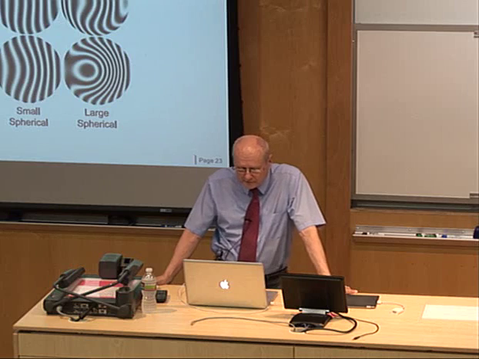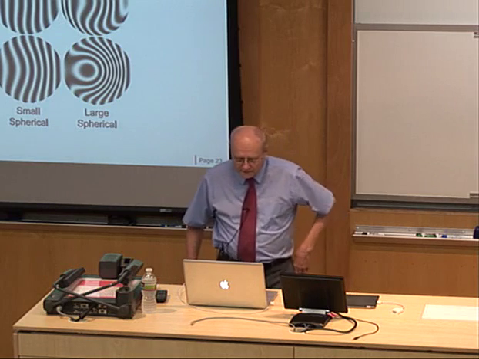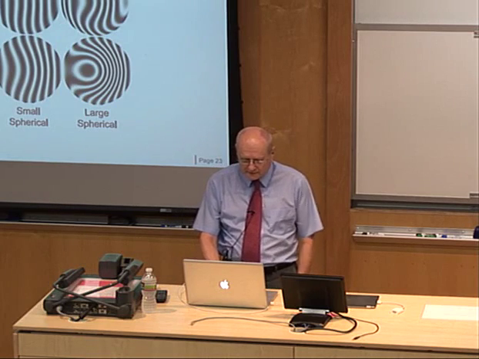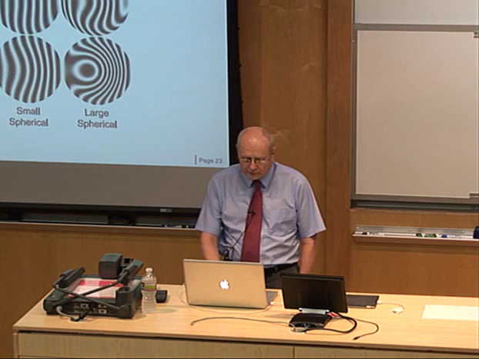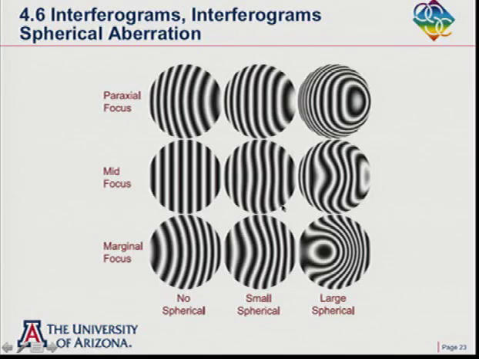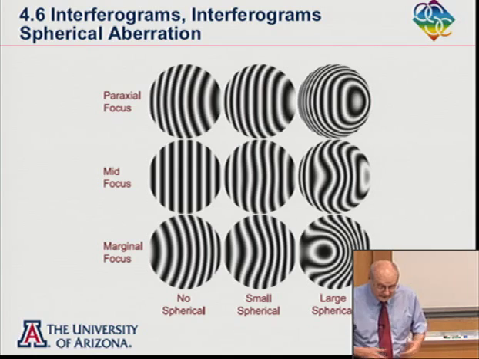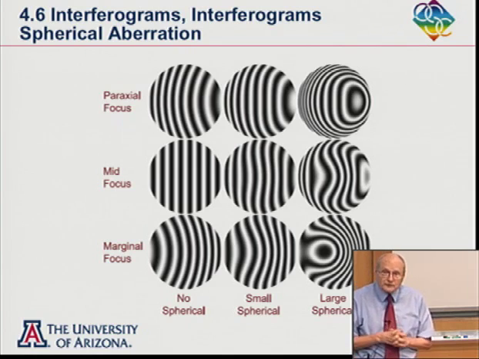When I came out here I joined the faculty in 1974, and I found out that Roland Schack had just recently put together a set of interferograms that looked something like this. His were binary, these are more gray level, but they looked a lot like this. It was a great set, very, very useful. This was 74, we didn't have personal computers like that.